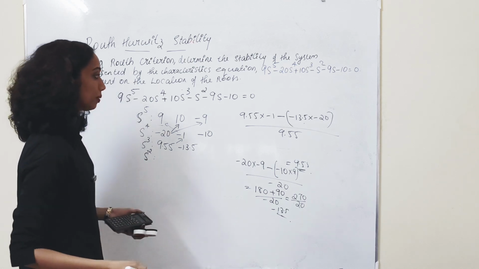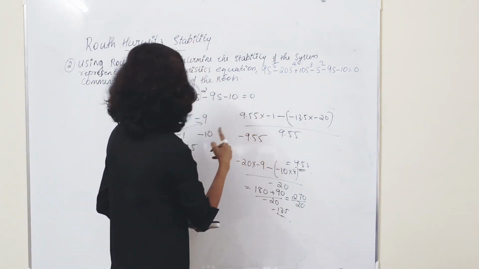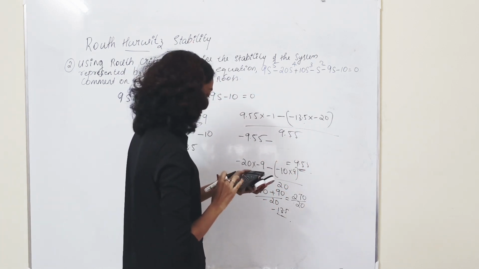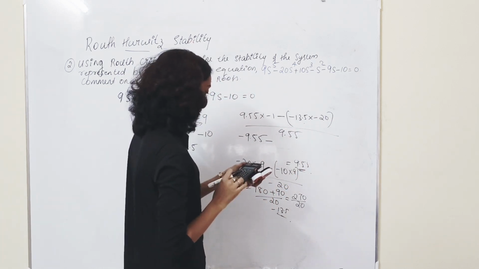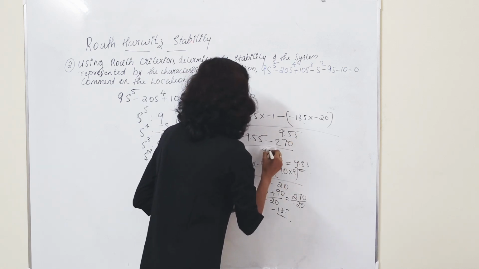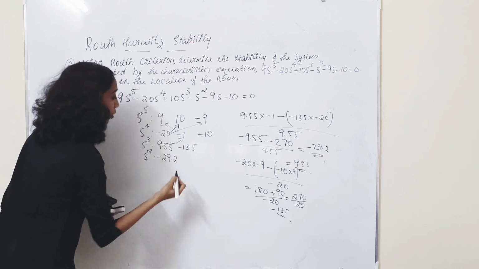Okay, the first number 9.55. That's minus 9.55. Minus into minus is plus. That is 13.5 into 20 is 270 divided by 9.55. That is minus 29.2.